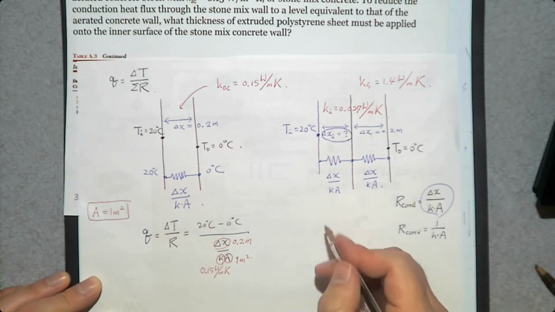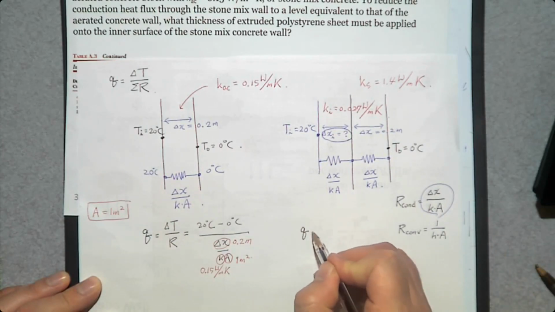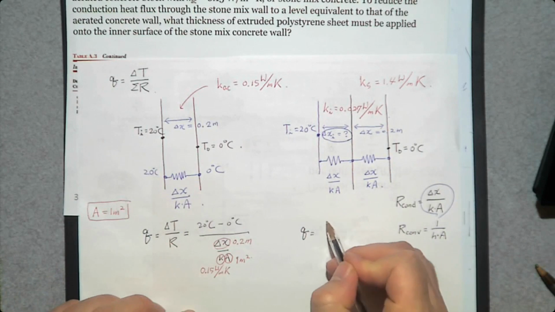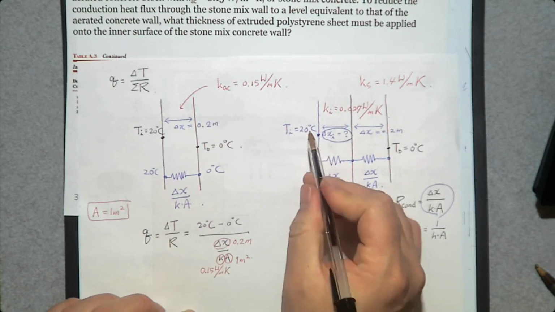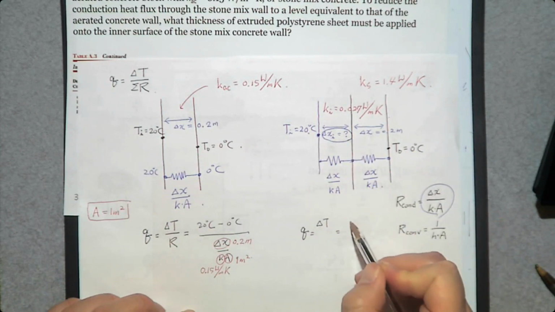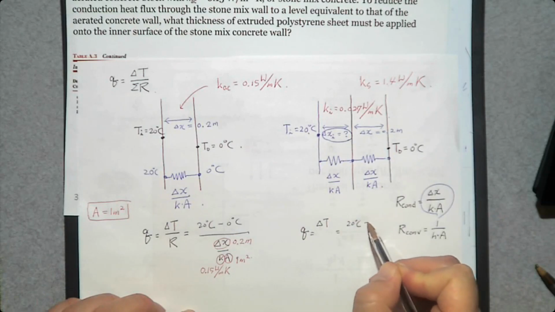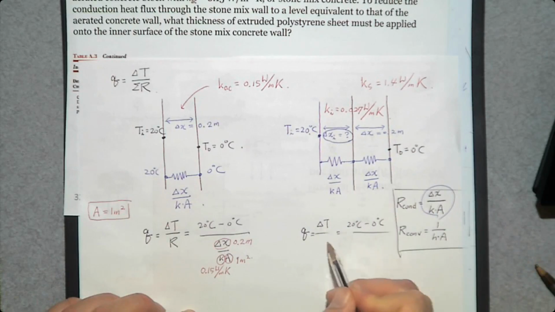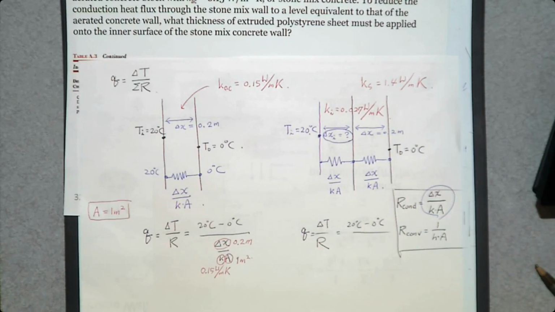What about the rate of heat transfer for this modified design with the insulation? We have delta T between 20 and 0. And how many resistances? 2 of them. One for this insulation, the other for this mixed concrete.